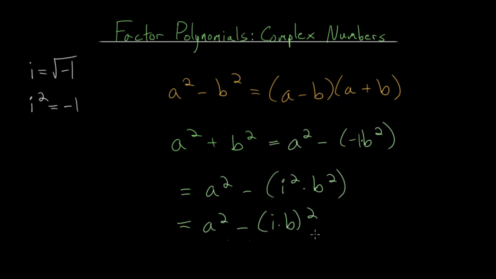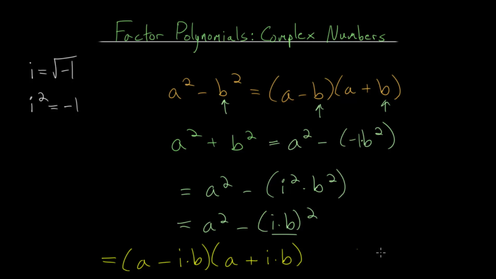But notice that now we have this difference of squares and we can apply the formula, where in this case, this is like our b from this formula, so we can just plug everything in, and we will get a minus this expression without the square, ib, multiplied by a plus this expression without the square, ib.